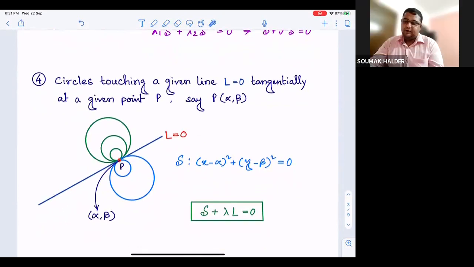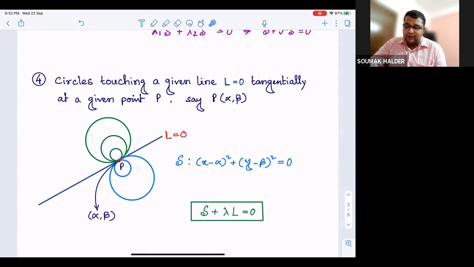Yeah, like in the fourth one, we are not given any circle, but we do have the reference of a line. We have not been given any circle S equals 0, for which L equals 0 would give the common points, or the point which is common in all the considered circles.